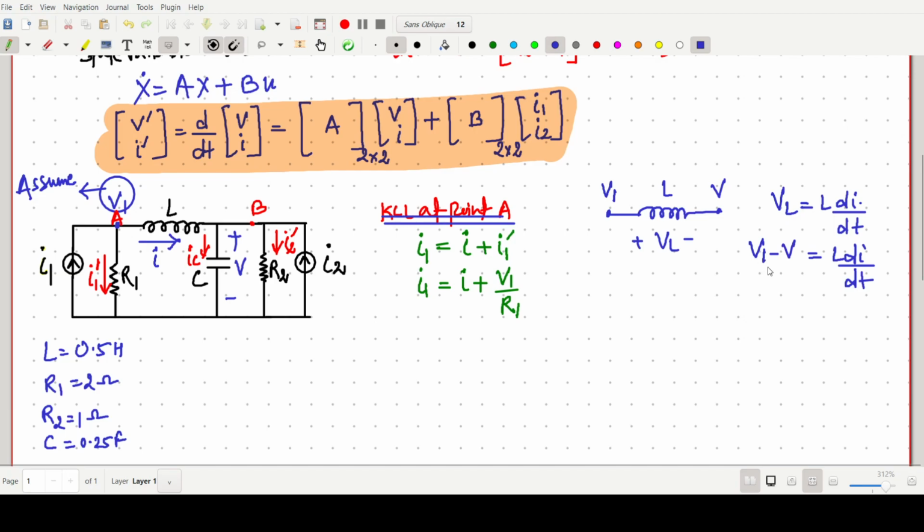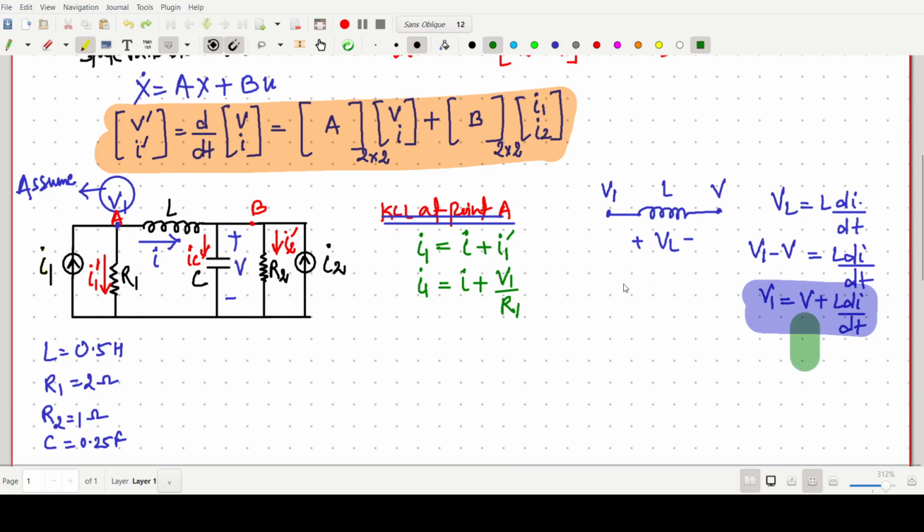Then we can write the value of V, or better to write the value of V1 that is unknown to us. It will be V plus L di/dt. This one is the concept, and we can easily write this one. The V1 value is now known to us as a function of V, a known quantity.